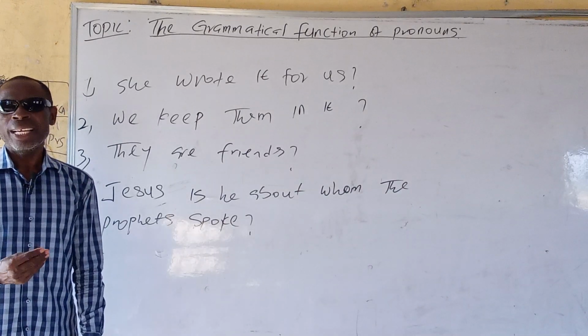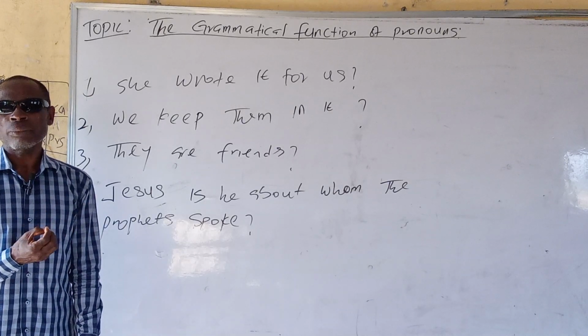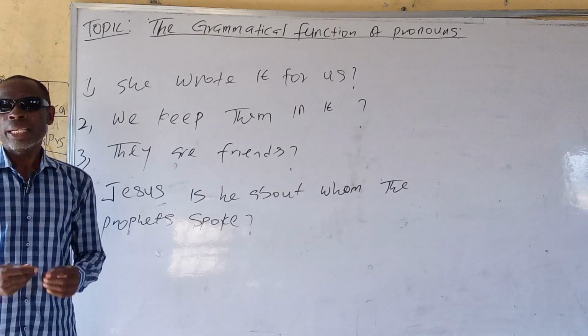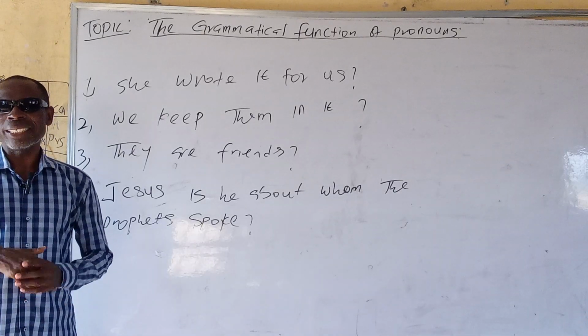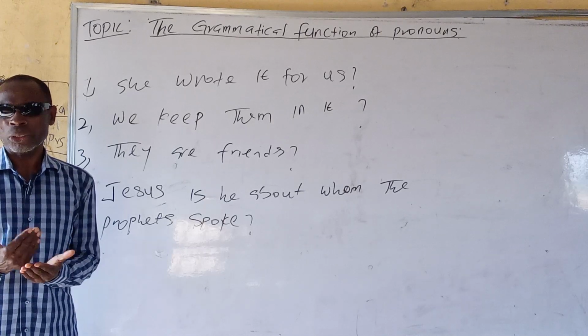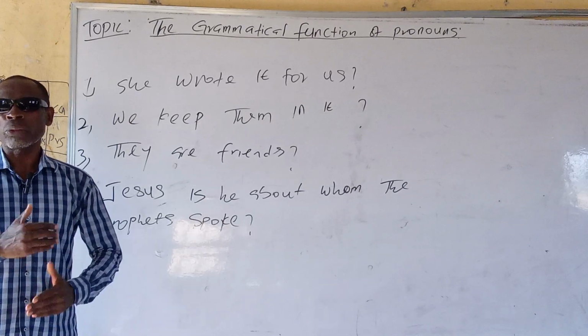The receiver, the carrier of the preposition. Let's take a look at sentence 1. She wrote it for us. The preposition in this sentence is for, and it is followed by the pronoun us. So, us is the object of the preposition for.